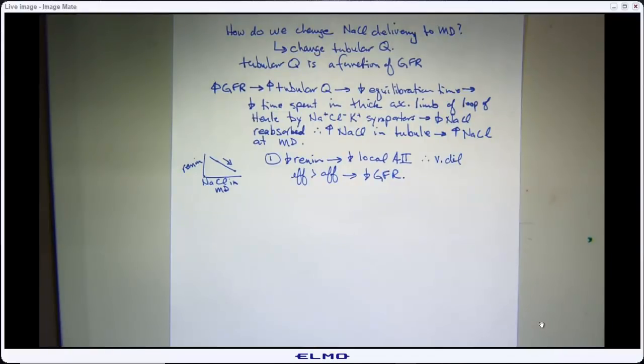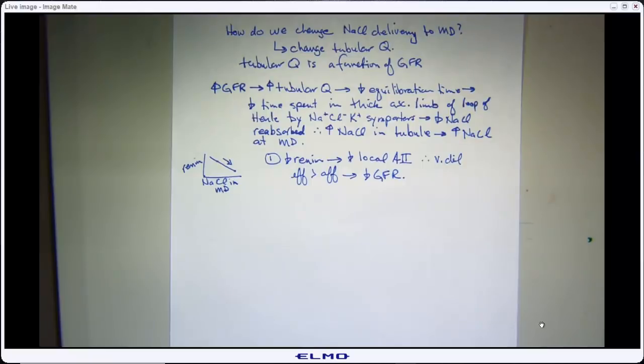But if the whole body has angiotensin II in it, we're going to find angiotensin II on afferents and efferents, and they will constrict equally. Okay, so the game afoot with angiotensin II is to know, are we just talking local here? Because we're going to affect GFR. Or are we talking systemic here? Because then we're going to affect both afferent and efferent equally and not affect GFR.